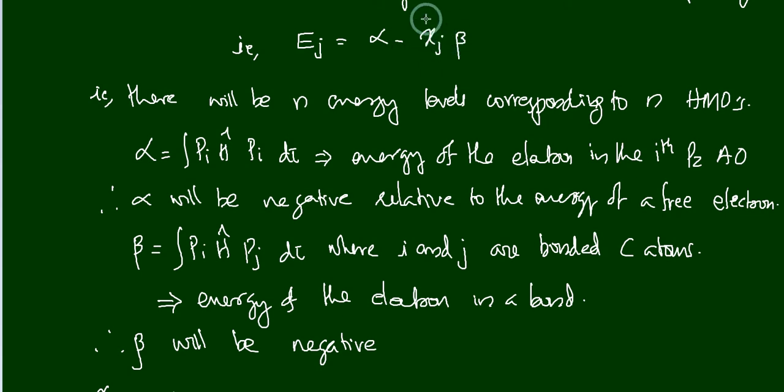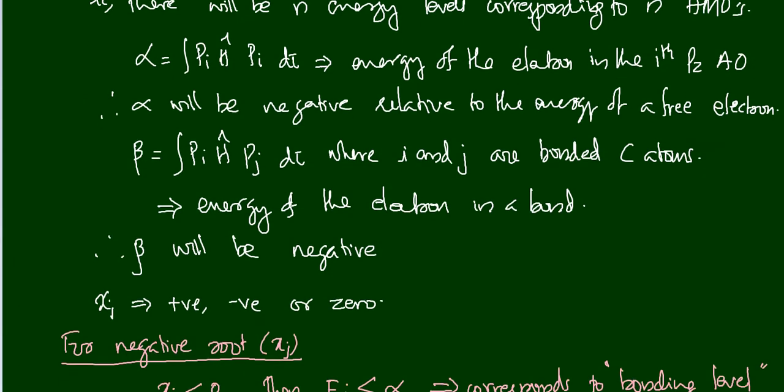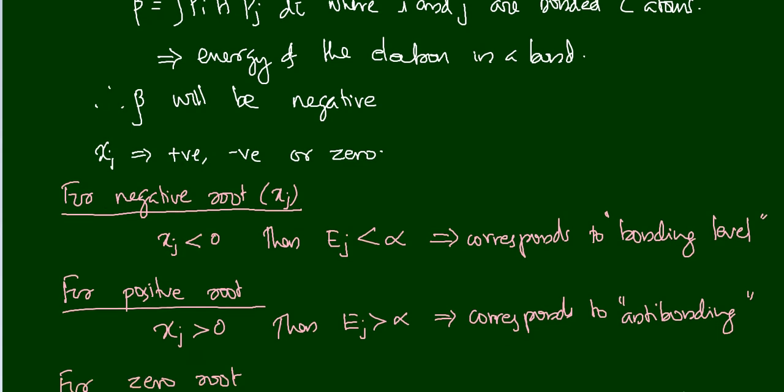So ej plus a positive quantity is equal to alpha. It means that ej is less than alpha. So when xj is negative, ej is less than alpha.